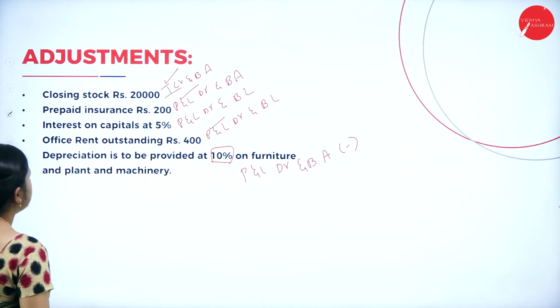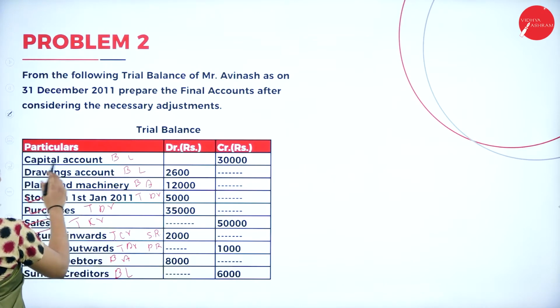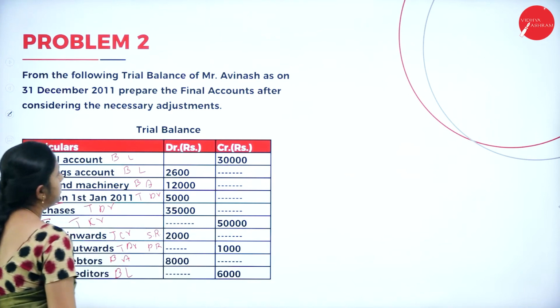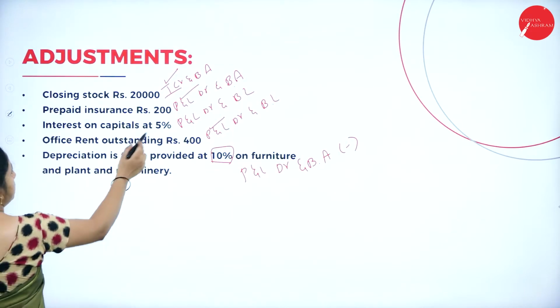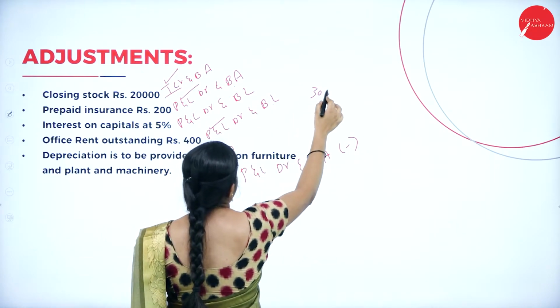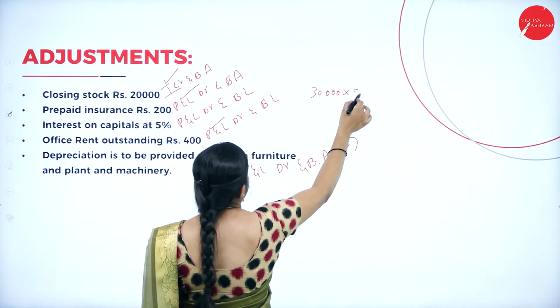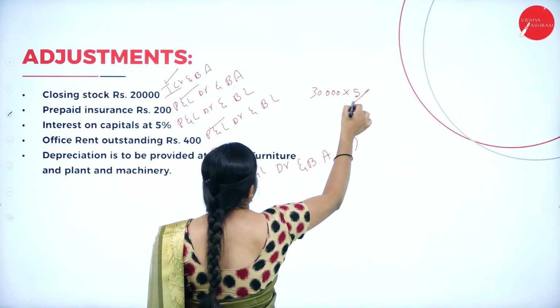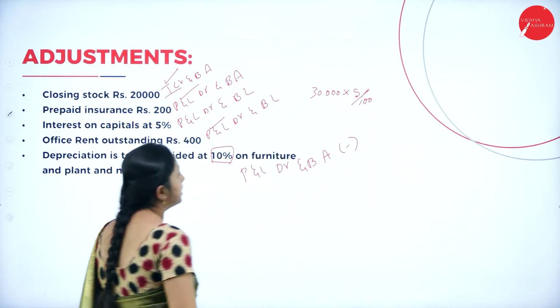So just see the capital amount. Capital account 30,000. So 30,000 into 5%. For this, 30,000 into 5 by 100.